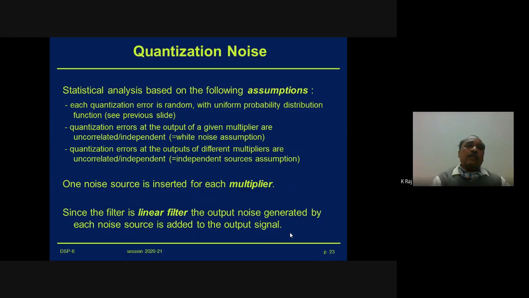Now, statistical analysis based on the following assumptions will take place. First, each quantization error is random, and as we know, whatever the total number of bits, that will be truncated to a finite number of bits.